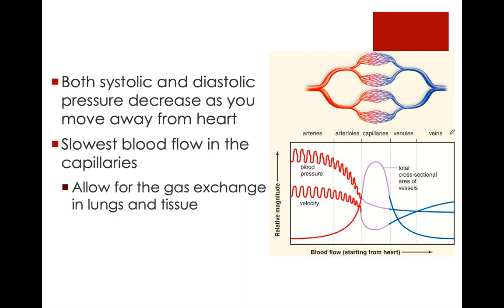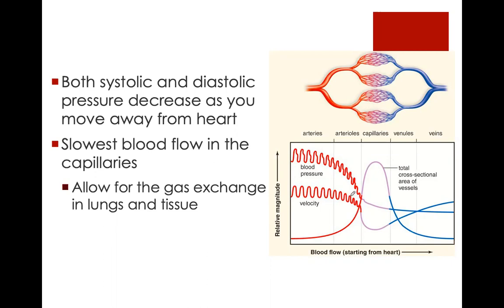We also have 2 major lines that I want you guys to look at. One is associated with blood pressure, and the other with velocity, which is the speed of fluid flowing inside your blood vessels. The velocity of the blood is pretty high and consistent in the arteries.